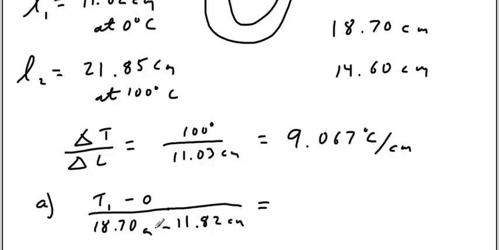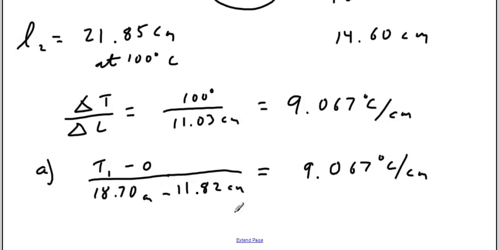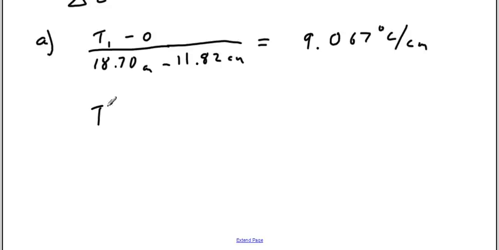So it's a proportional thing, and actually, I have to say that that's equal to 9.067 degrees per centimeter before I can do anything. Now I put what's on the bottom on the other side of my calculator, and I find that my temperature 1 is going to be 62.4 degrees centigrade.